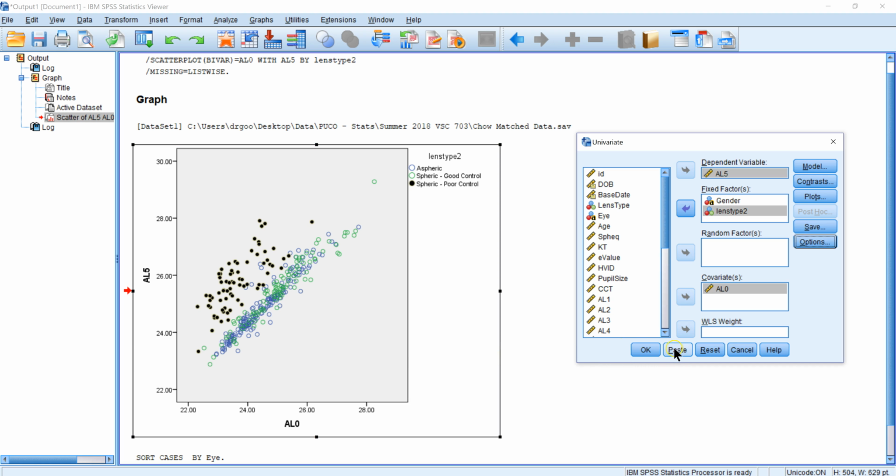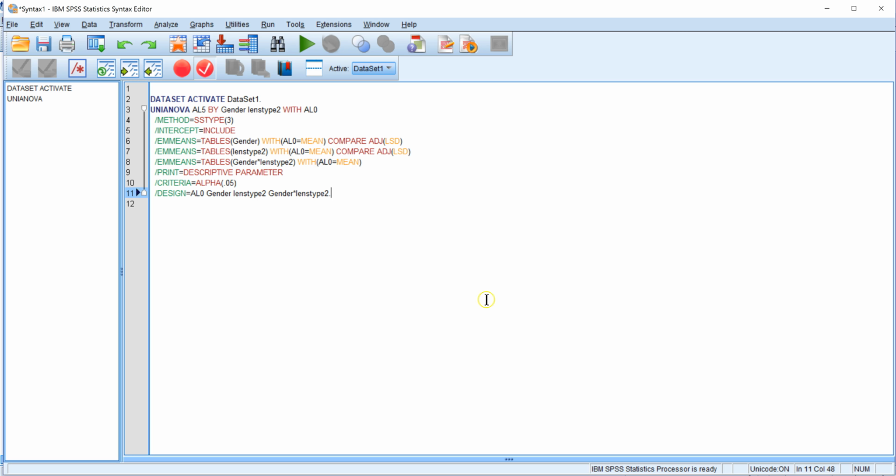Now I'm going to paste my syntax so that I can add to this and do least squares significance tests on simple effects.